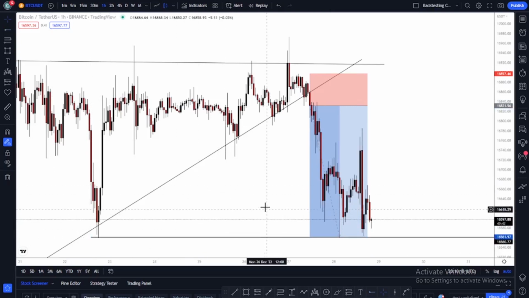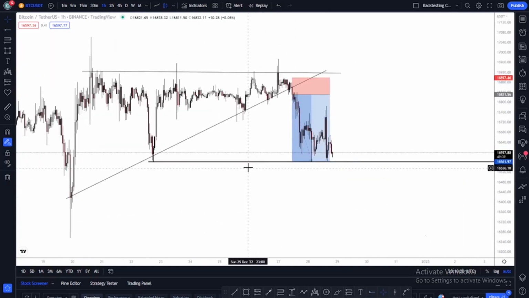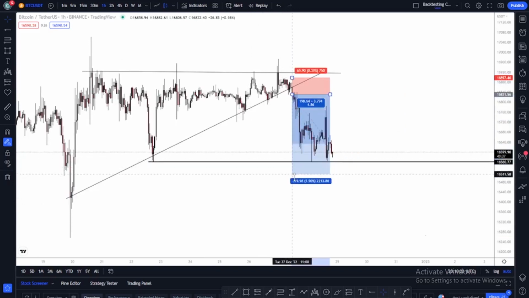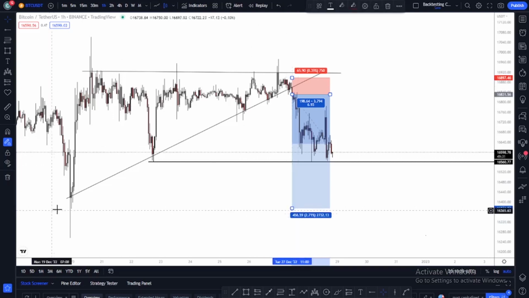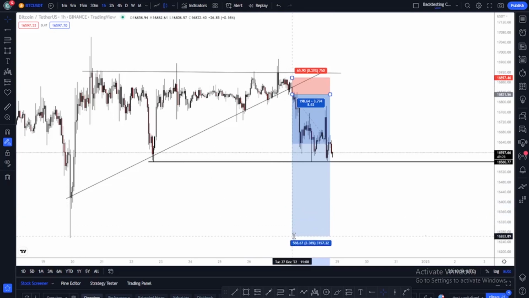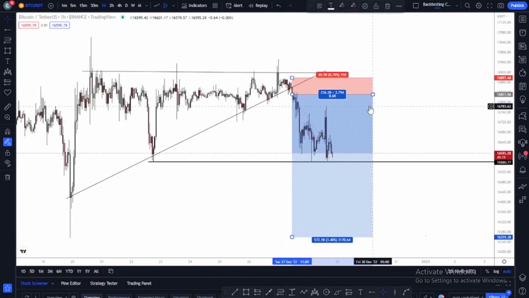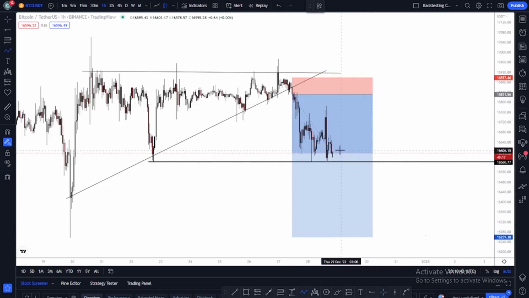Alright, so I'm looking forward for price to continue down to my second take profit right here, okay, to this level, or to the end of this week. You get me? So what I'm waiting for price to do is to break below or to close below this level, retest, and continue down.